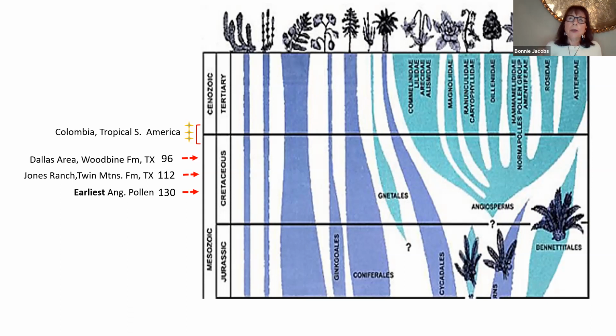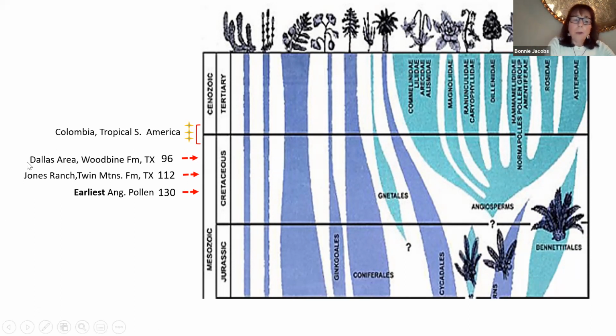And yet, you don't have much in the way of flowering plants. And it's not just because we're only looking at the one site. This is the way it happens in most of the world, not all of the world, but most of the world. So at this time, flowering plants were just really taking off. They were just getting going. They were very small, and they're usually only found in very careful study of very organic rich kinds of sediments.